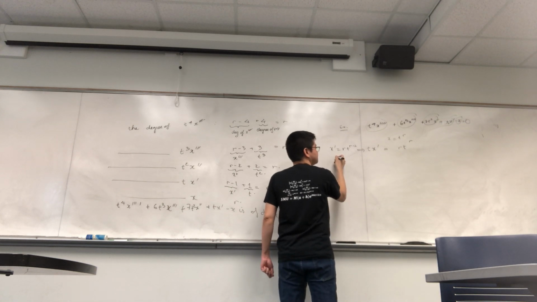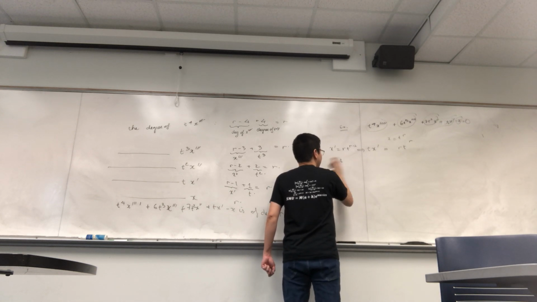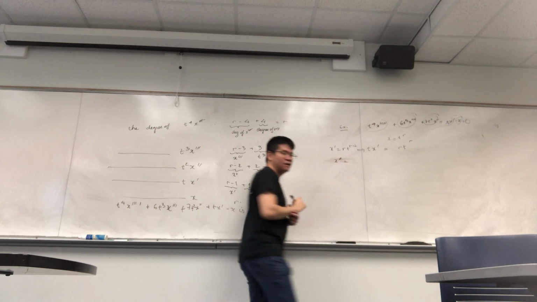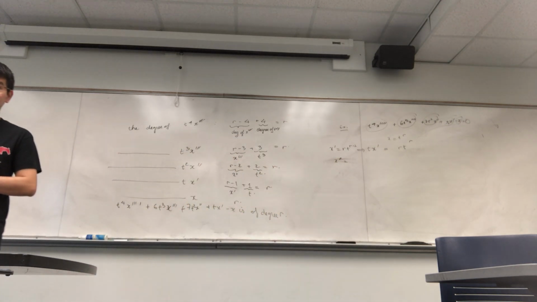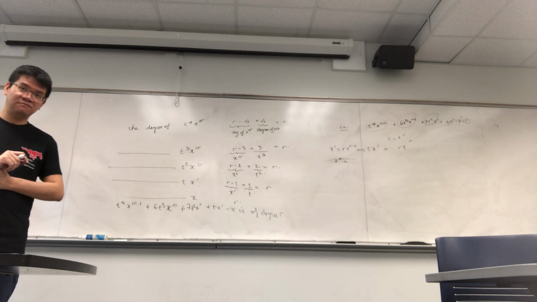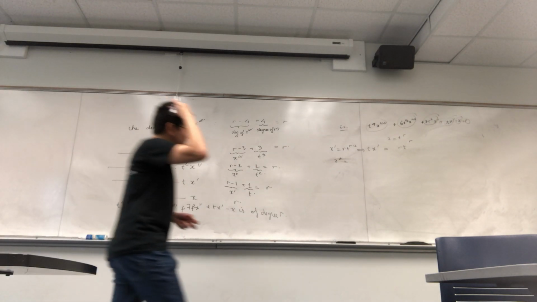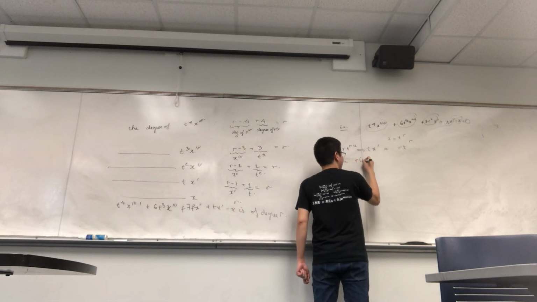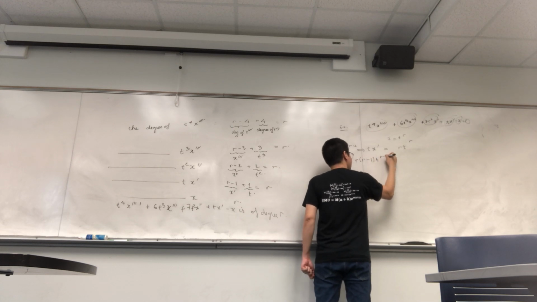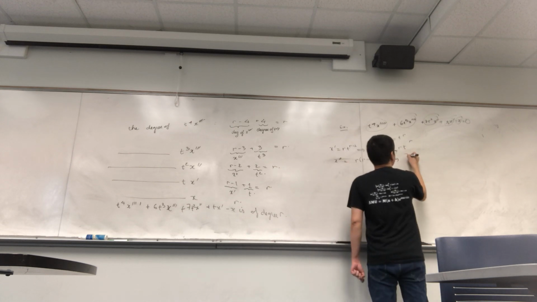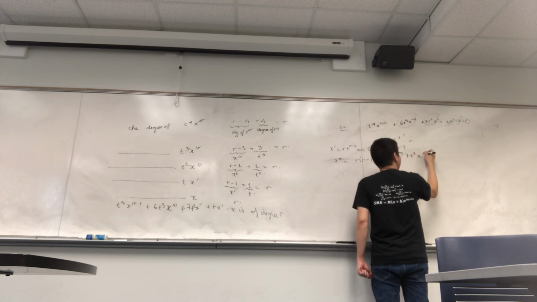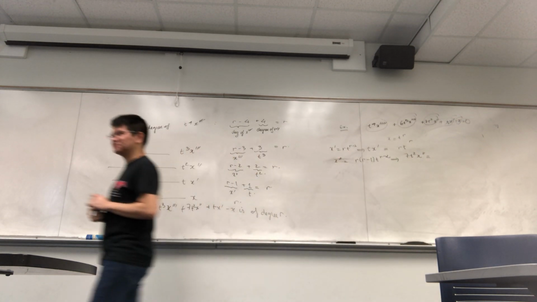What is x second? It will be r times r minus 1 times t to the r minus 2. So x second is r times r minus 1 times t to the r minus 2, and so what is t squared x second?